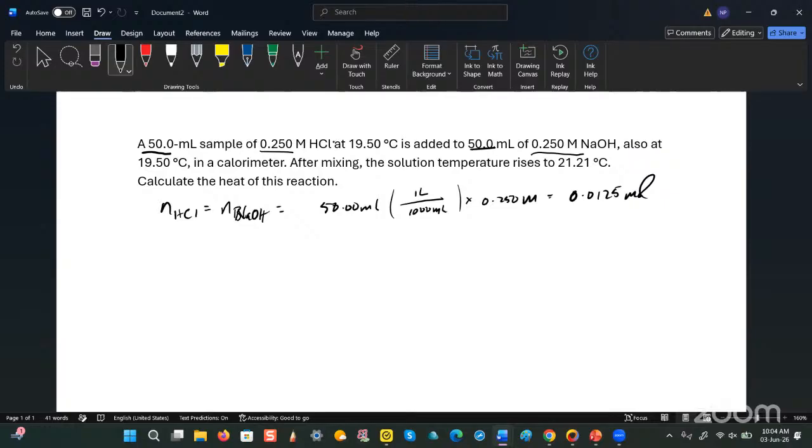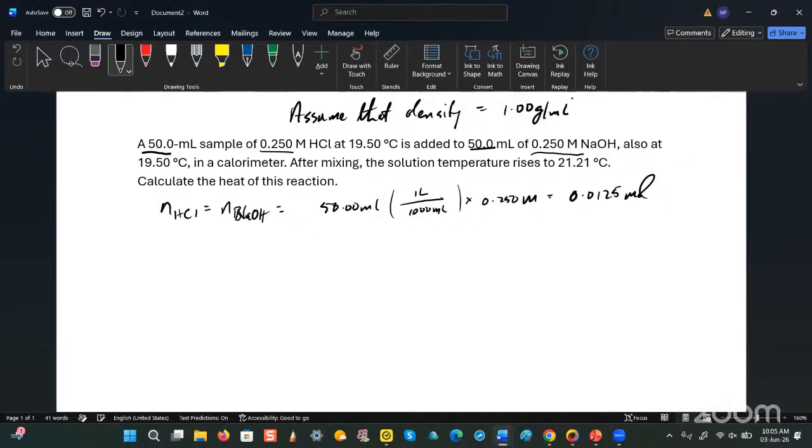Now there's one, let me see here. Okay, so we have to determine the mass of the solution. Now, when it comes to aqueous solutions, such as in the case of hydrochloric acid and sodium hydroxide, we can assume, and I probably should have included that statement in this question, assume that the density of the solution is equal to 1.00 grams per mL, all right?